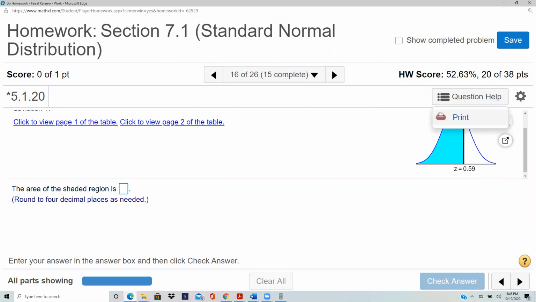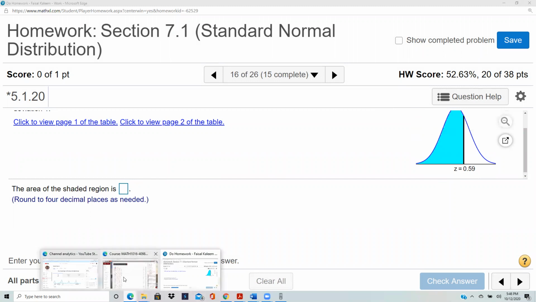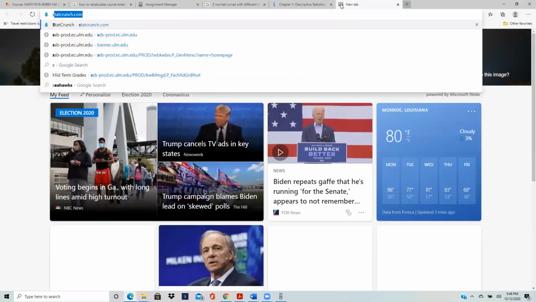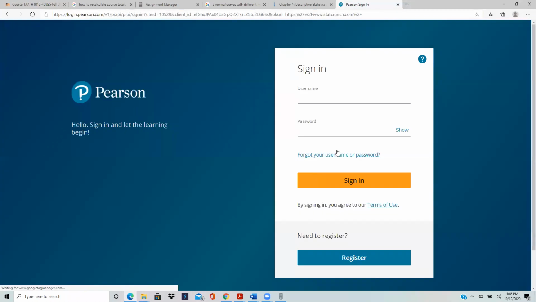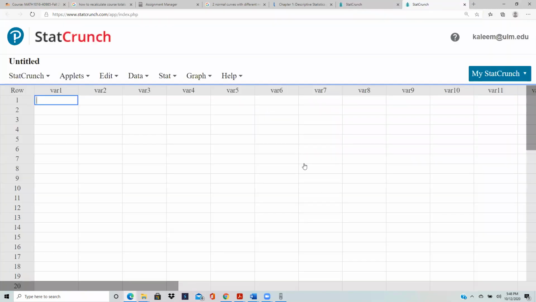So let's open a StatCrunch window, even if they don't want us to, but who cares what they want. Okay, so statcrunch.com, sign in. Open.